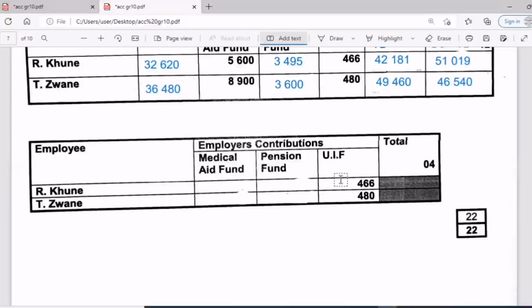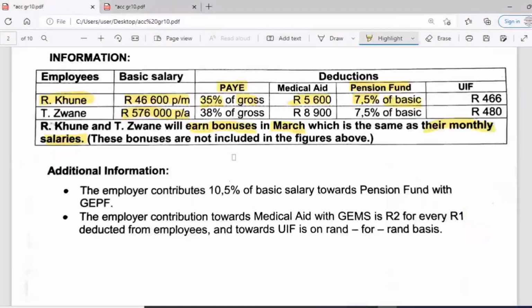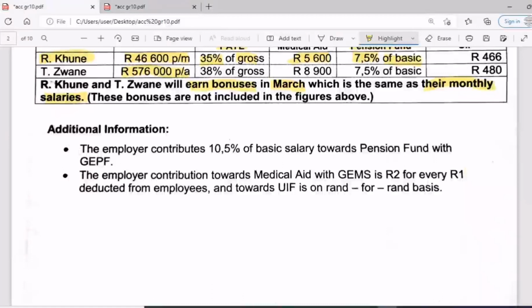So ours is to calculate the medical aid contribution by the employer and pension fund contribution by the employer for both employees, Kune and Zwane. So we're gonna use this additional information to calculate the employer's contribution.